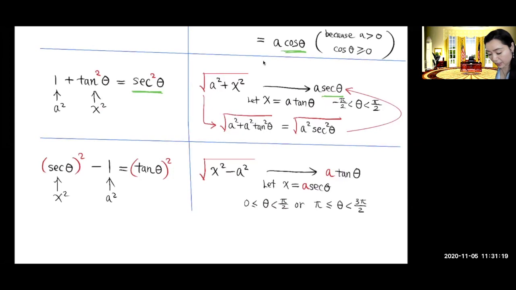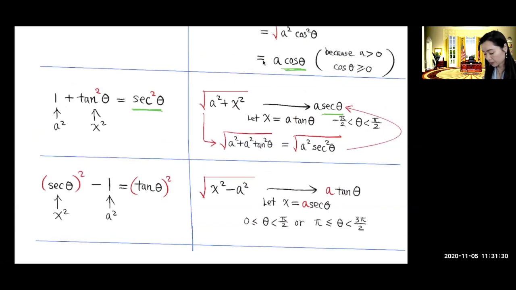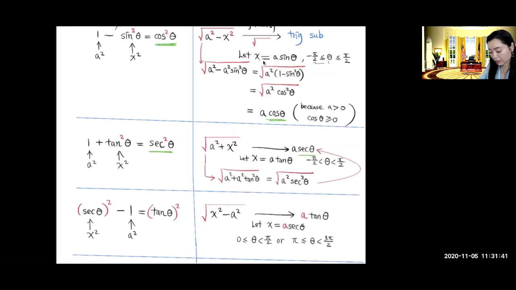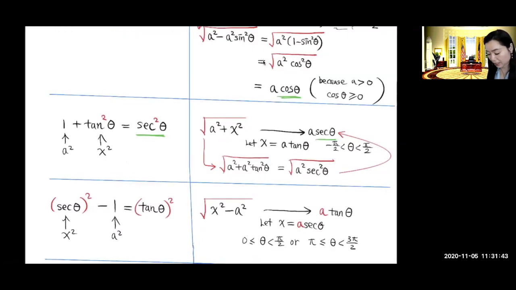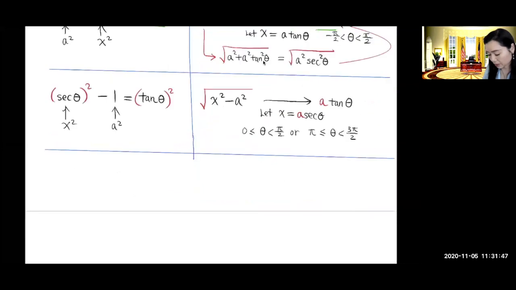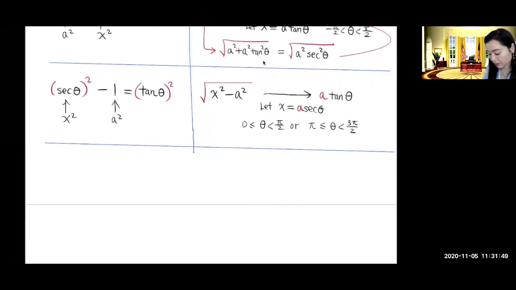So we are able to deal with integrals that are of either this one or this one. Think about the corresponding trig identity over here. Okay. Now let's do one example. Okay, so I'm going to do this example.